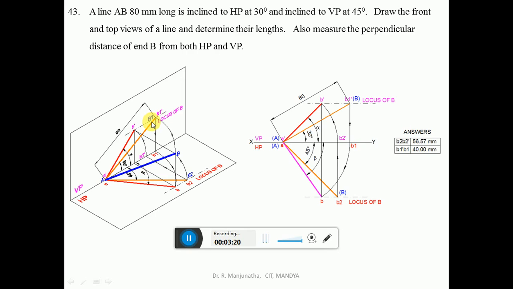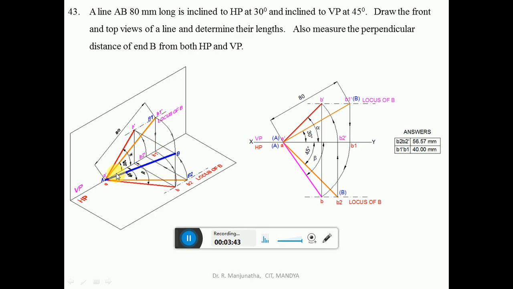So now, if this line has to be true length in VP, the line has to be parallel to VP. That means when you look from the top view, A is in VP. Similarly, B1 should also be on VP, so that line AB1 will be parallel to VP.